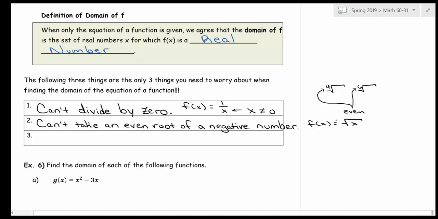Even though we don't see it there, there's an imaginary 2 that shows us it's an even root, but we don't have to write it in if it's a square root. That's still even. This would mean that our x would have to be greater than or equal to 0. So here, x has to be greater than or equal to 0 in order to show that it can't be negative.